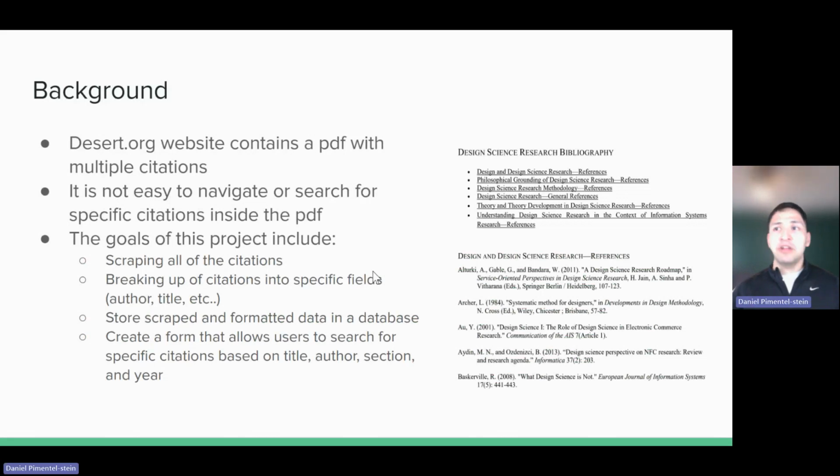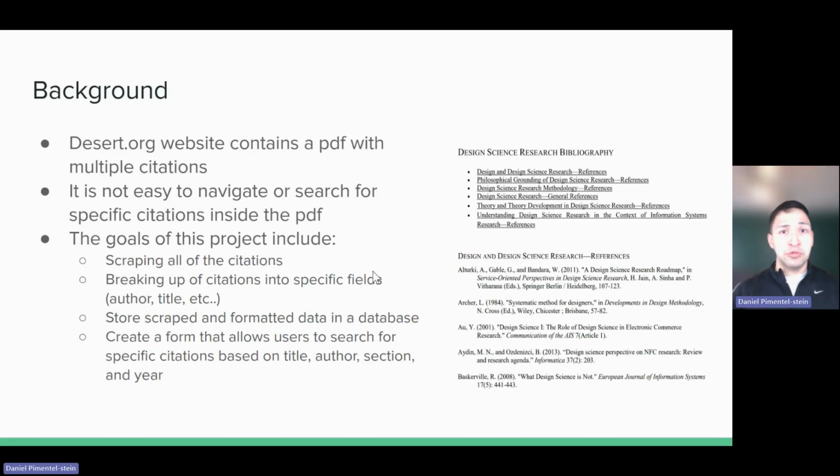So the goal of this project was to scrape all of these citations from this PDF, break up the citations into different columns or fields so that you can search on the specific different columns, such as authors, title, stuff like that.